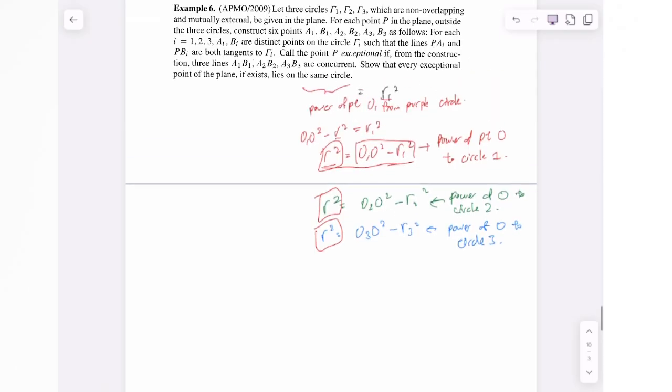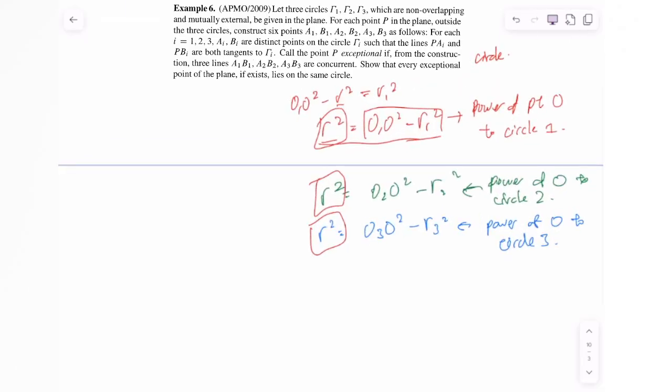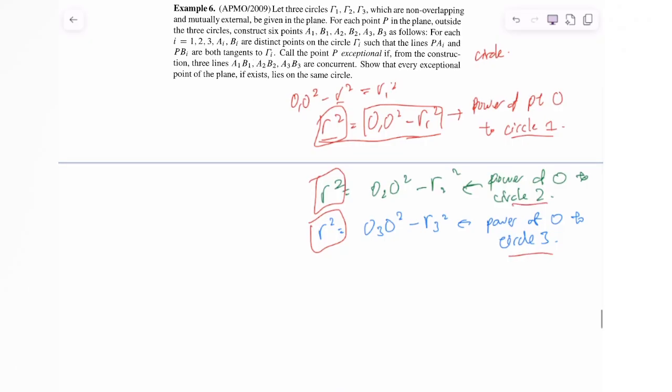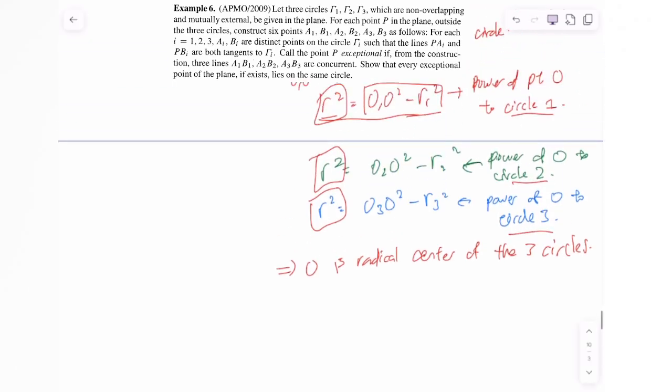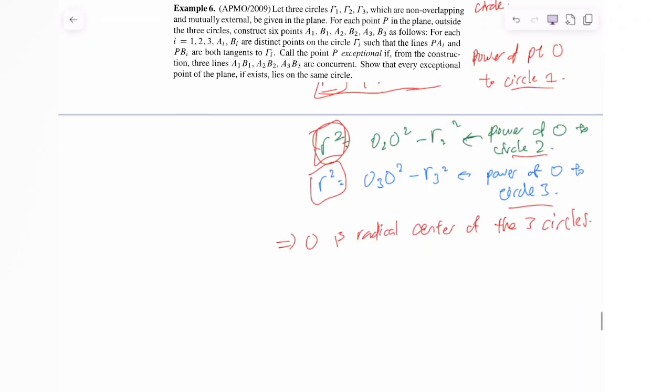So the power of O to circles 1, 2 and 3 are constant. Hence O is the radical center of the 3 circles.